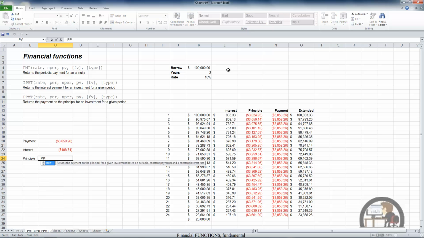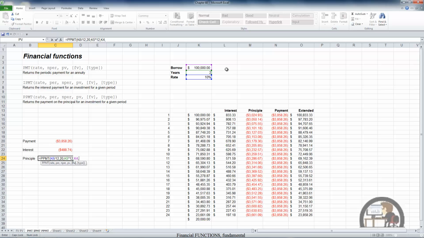The principal payment function, PPMT, returns the principal amount for a given payment. Building that, PPMT, tab, the rate, well, we know what that is, divided by 12, comma, the period, I'm going to pick period 20, comma, the number of periods is the number of years times 12 because we're dealing with monthly increments here, comma, the present value is $100,000, the amount borrowed.